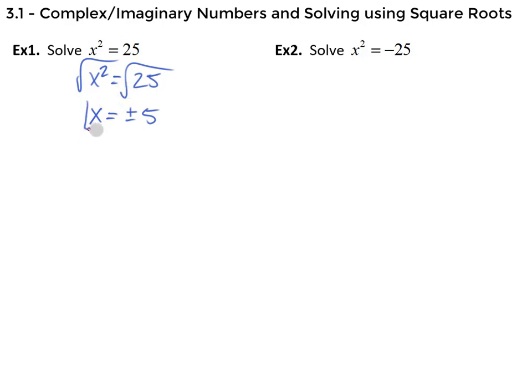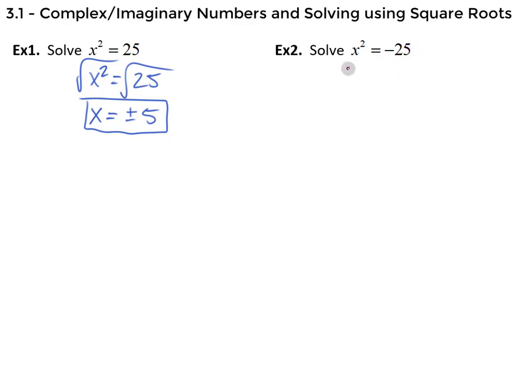It has two solutions. Okay, so if we look at example 2, which is a very similar problem, but now it's asking what times itself twice equals negative 25. Well, a positive times a positive is positive. A negative times a negative is positive. Is there any real number that times itself twice is negative 25?